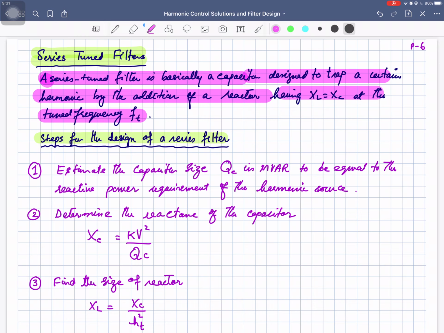So what are the steps? First of all, you will have to estimate the capacitor size in MVAR to be equal to the reactive power requirement of the harmonic source.